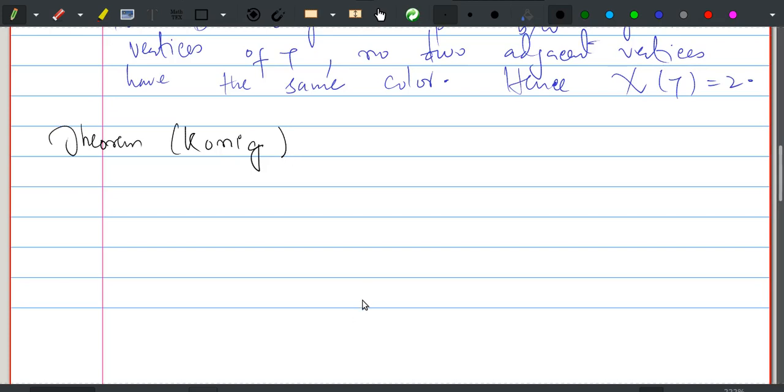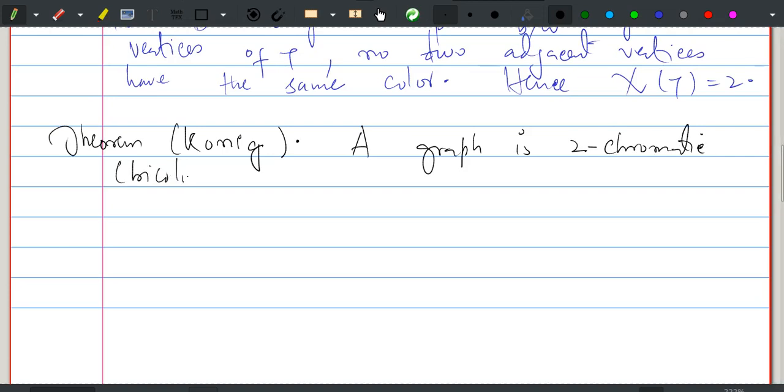It states that a graph is two chromatic, that is, bicolorable, if and only if it has no odd cycles.